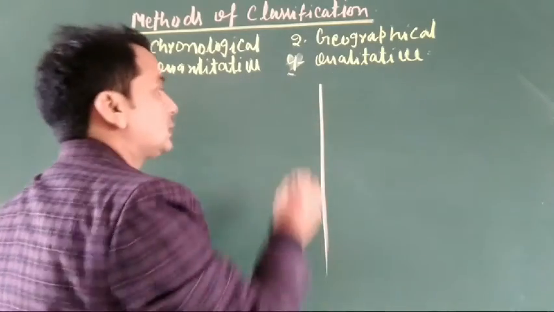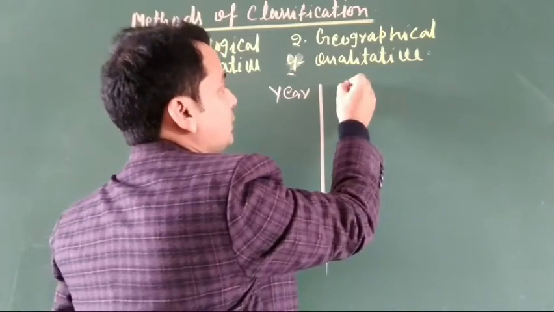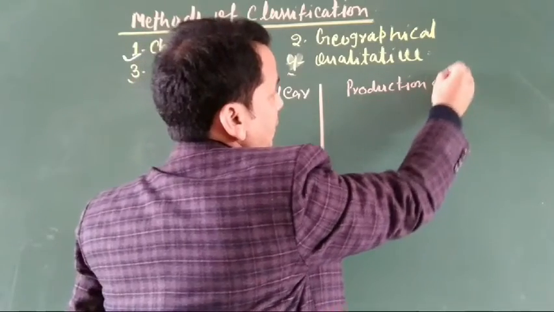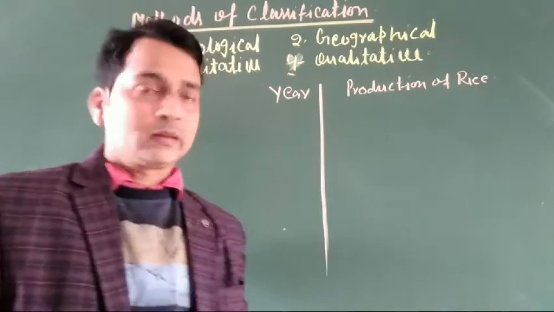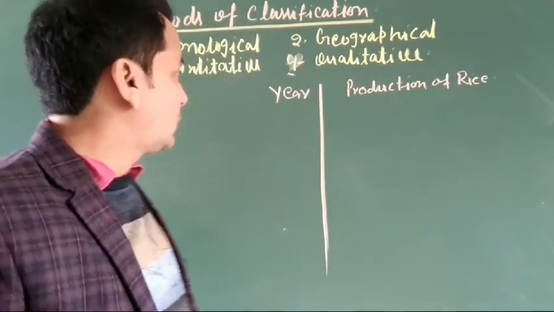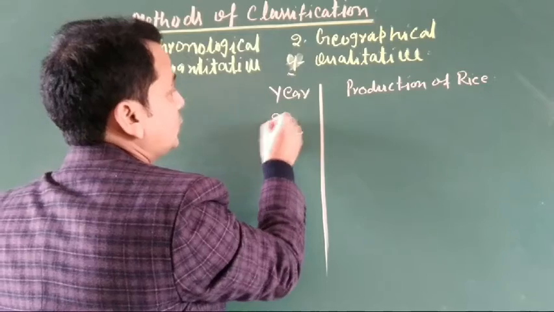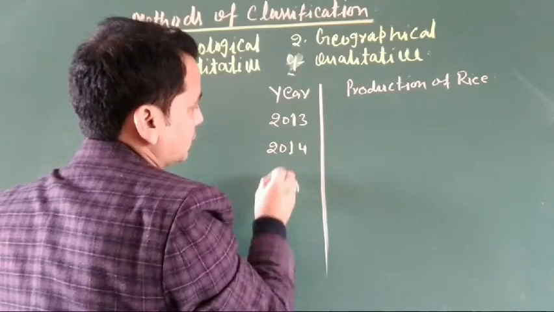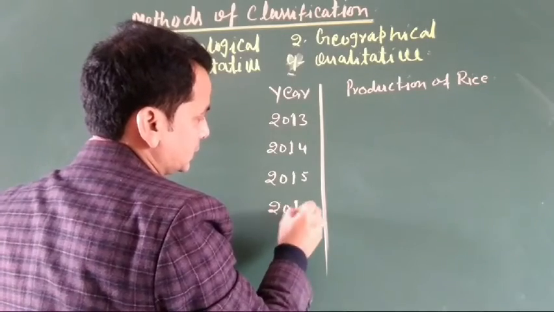So the first column is the year, and the second column is the production of rice, measured in tons. Suppose we start with 2013, 14, 15, and 2016.